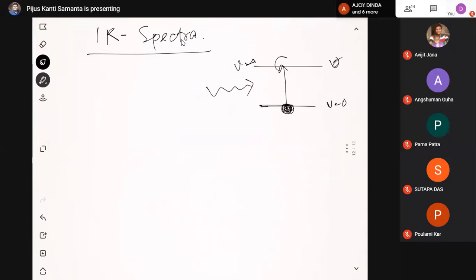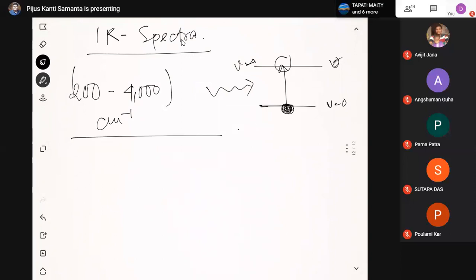The molecules absorbing this energy give rise to the absorption band, which in most cases is found to lie in the 200 to 4000 centimeter inverse region. So this is completely in the infrared region of the electromagnetic spectrum.